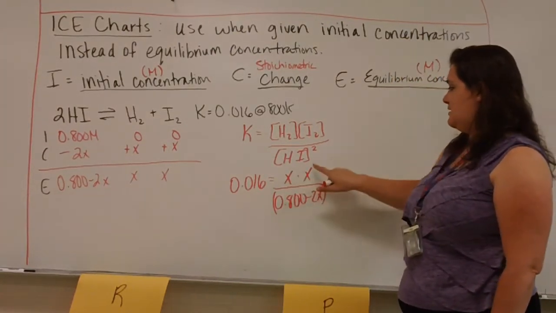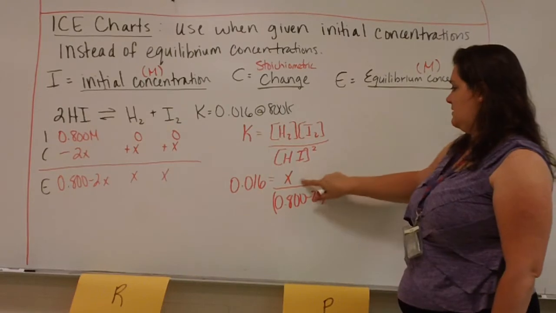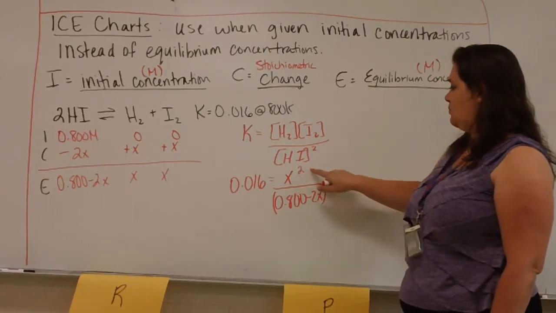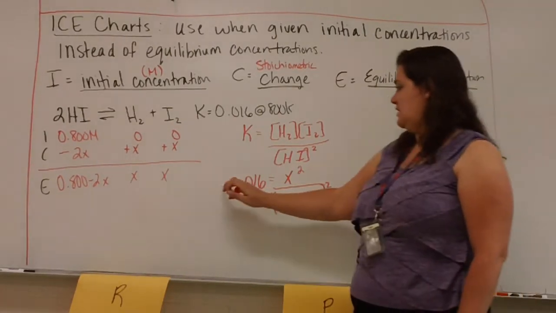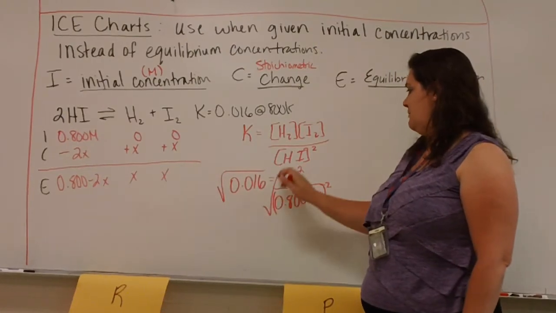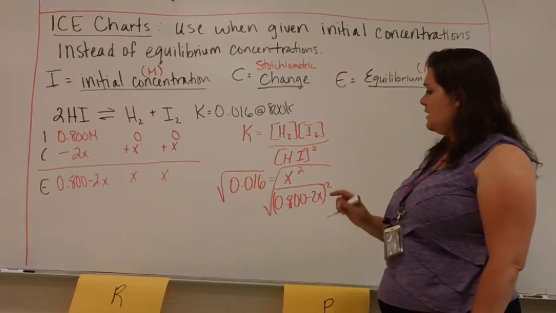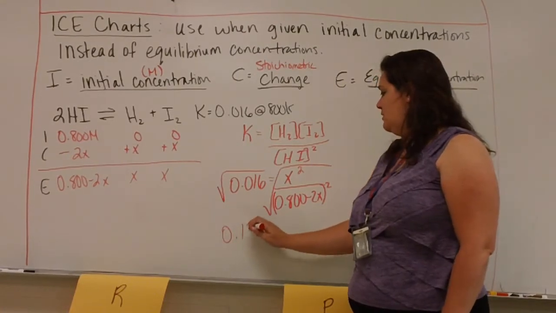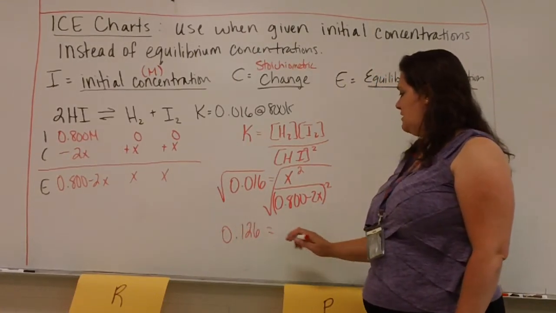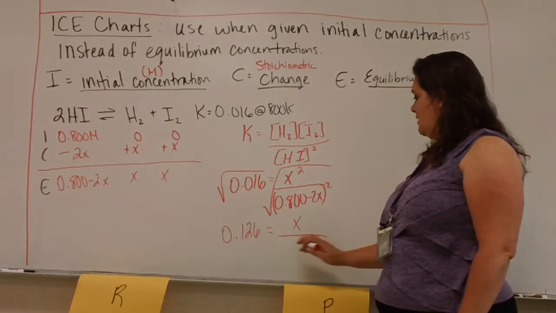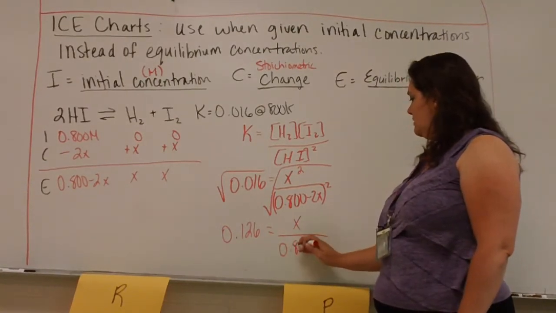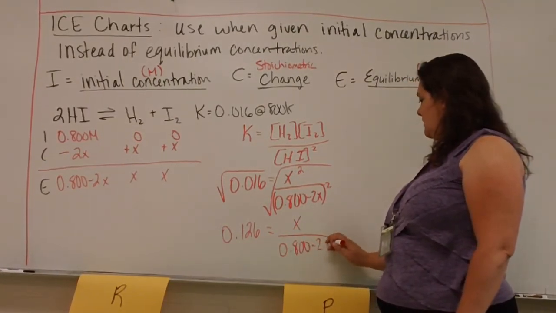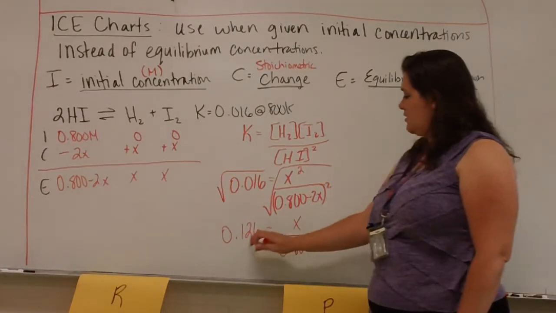Now, we know that X times X can also be written as X squared. And so since both of these are squares, we can take the square root to solve for X and make it easier. So we'll take the square root of 0.016, and we get 0.126. And that's equal to X over 0.8 minus 2X. And then we want to cross multiply.